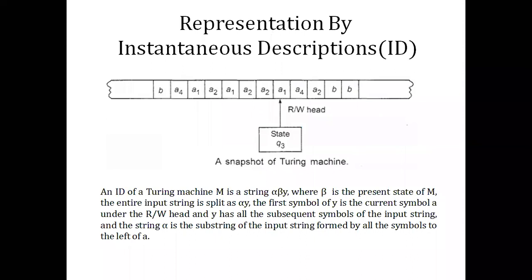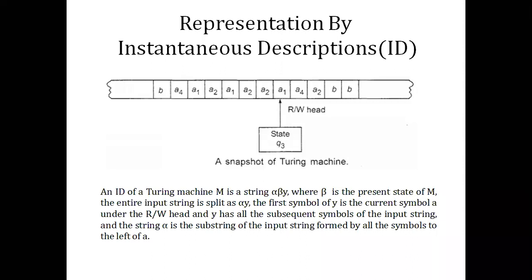How does it look? If you look at this typical configuration of the machine, what it shows is that currently this particular string A4, A1, A2, A1 and so on is placed on the input tape, and the rest of the cells are filled with the blank symbols, that is B. The current state of the Turing machine is Q3, and the read write head is pointing towards the symbol A1.